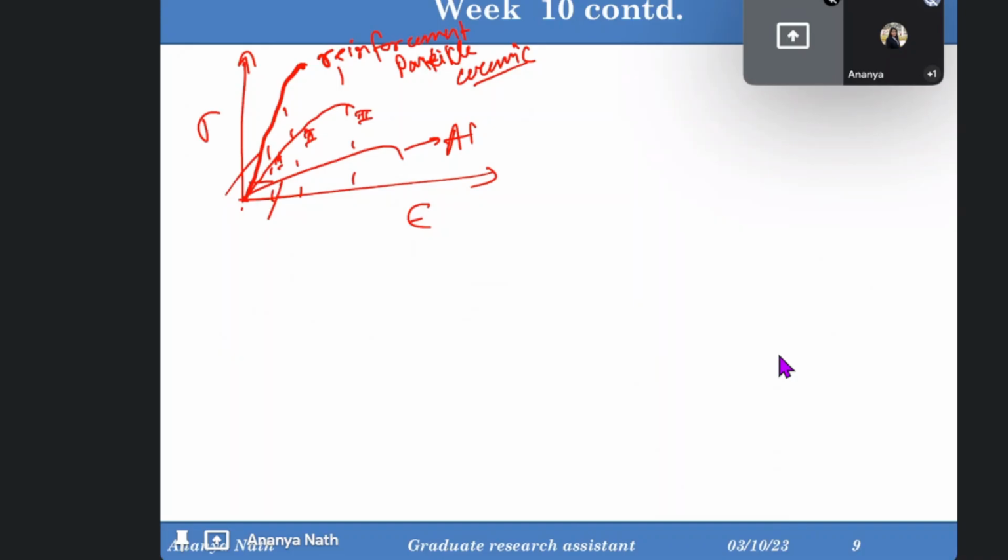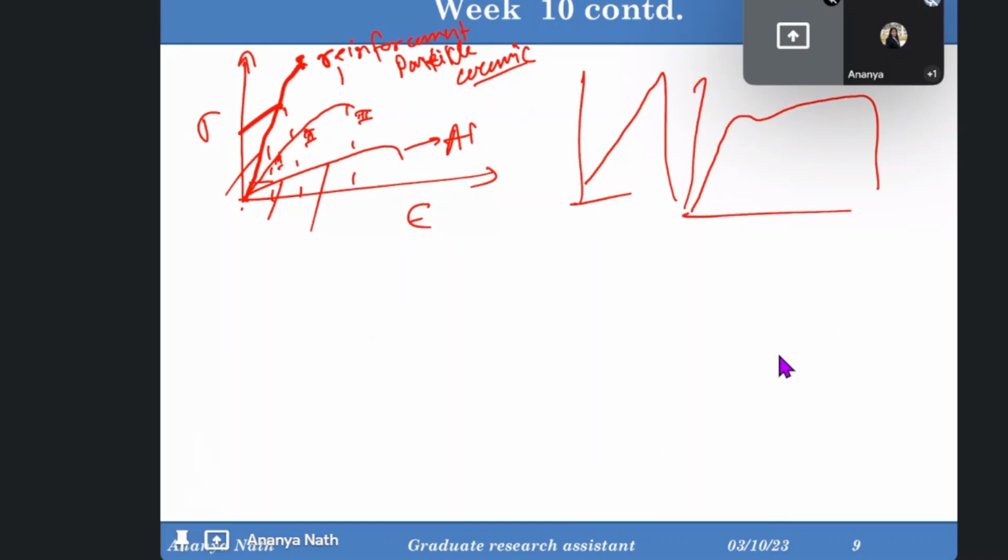But for stage 2, this is plastic, but this is still elastic, because there will be no plastic region in the brittle. Brittle is like elastic and then fracture. Plastic is like elastic, then plastic, then fracture. So this is why for the ceramic there will be no significant plastic region.